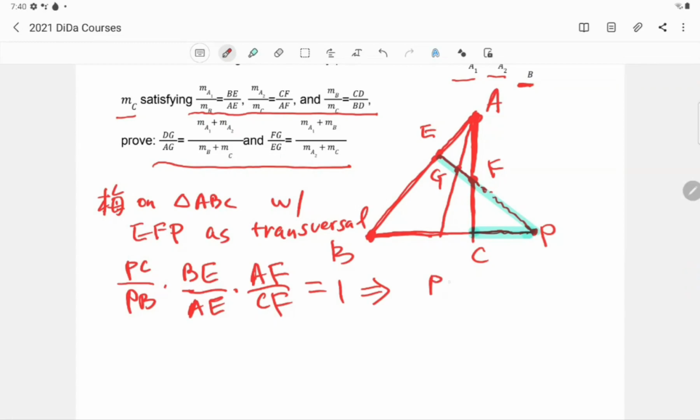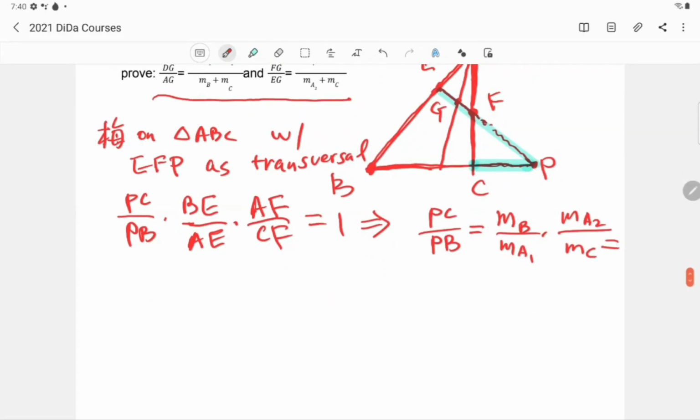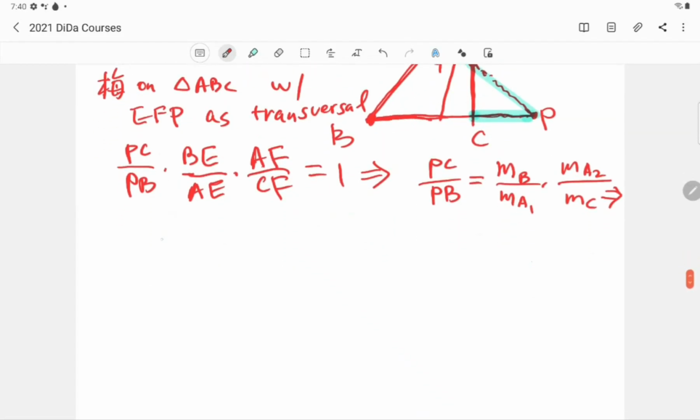It gives us PC over PB in the known numbers. So it's MB over MA1 times MA2 over MC. And from here you do the sum of the numerator and denominator again.